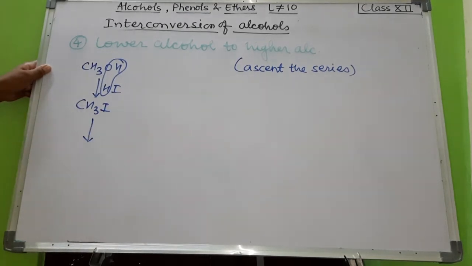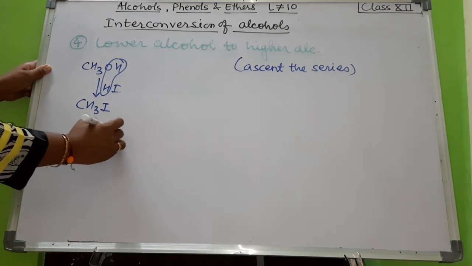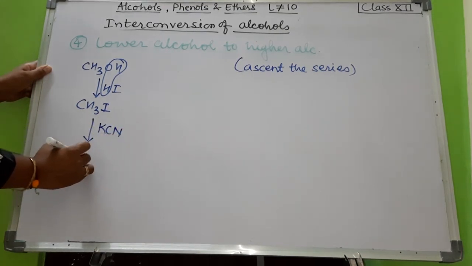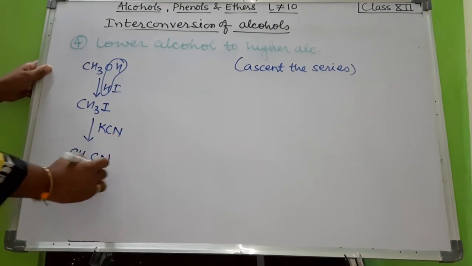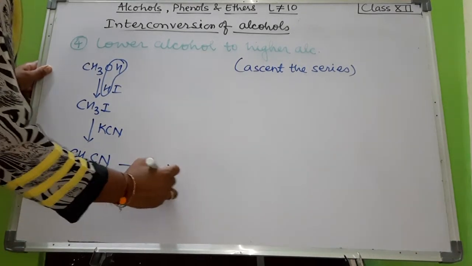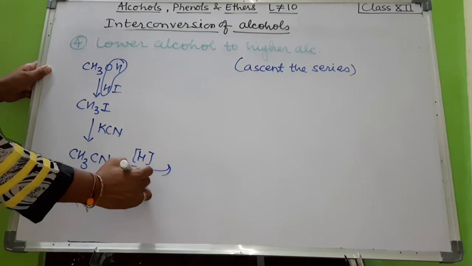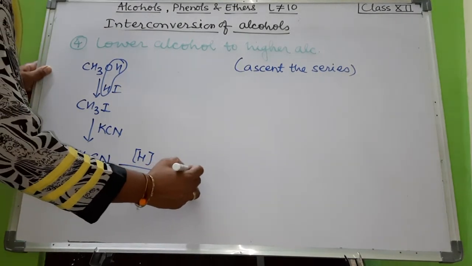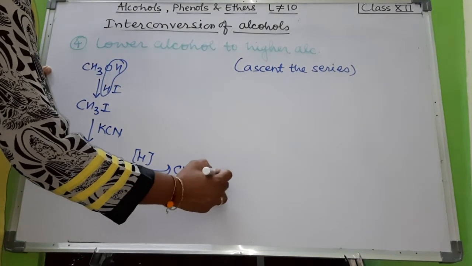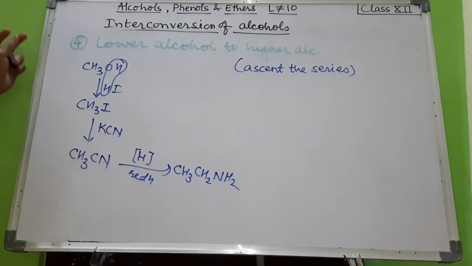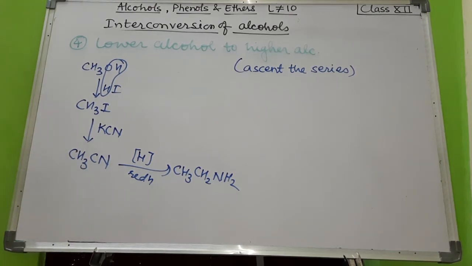Now this CH3I is treated with KCN. On treatment with KCN, it will give CH3CN, that is methyl cyanide. This on reduction will give CH3CH2NH2. Whenever you want to ascend the series, there are two ways: either by using KCN or by using Grignard reagent.